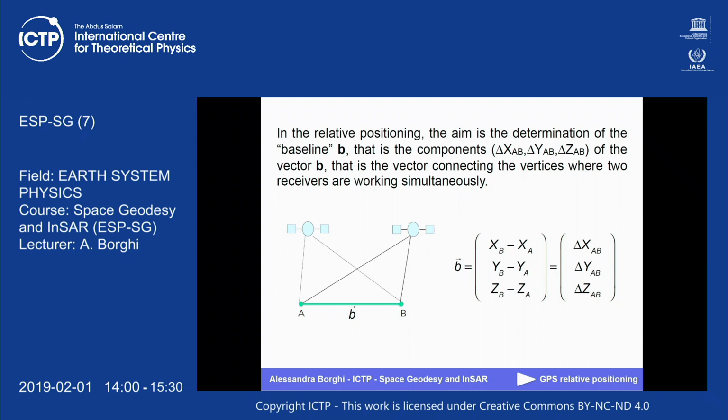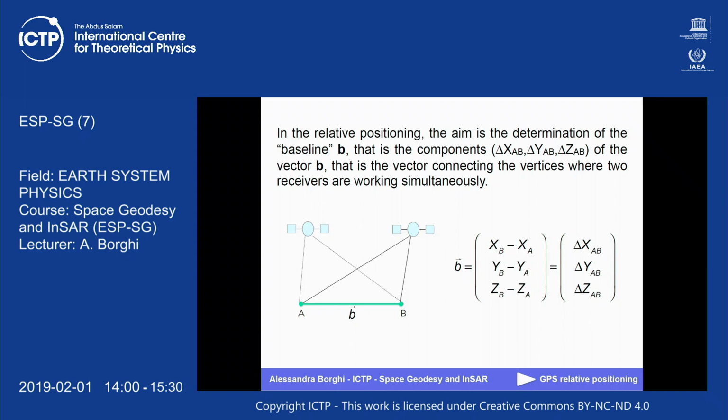In geophysical applications, we have a network of stations, or like in this example, we put 2 receivers across a fault, for instance, one receiver in the hanging wall, one receiver in the footwall, and we want to measure the deformation. To reduce all the errors that we have seen and to have a very precise positioning, we are going to use a relative position.